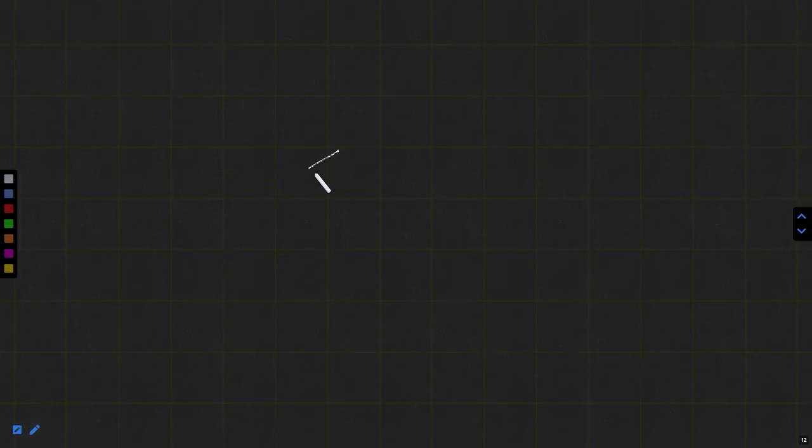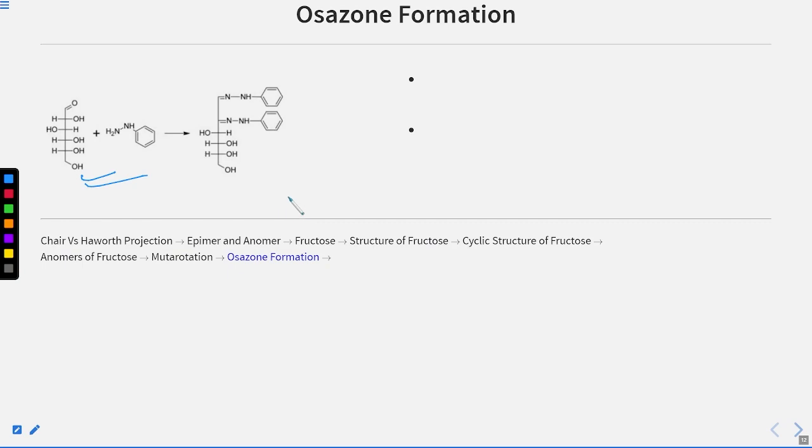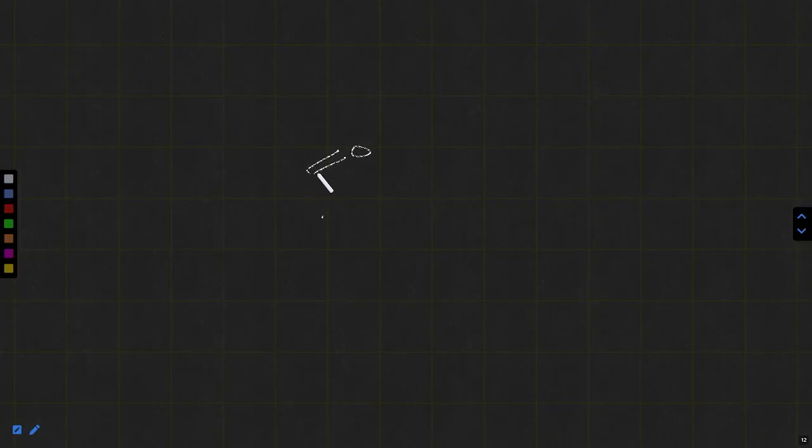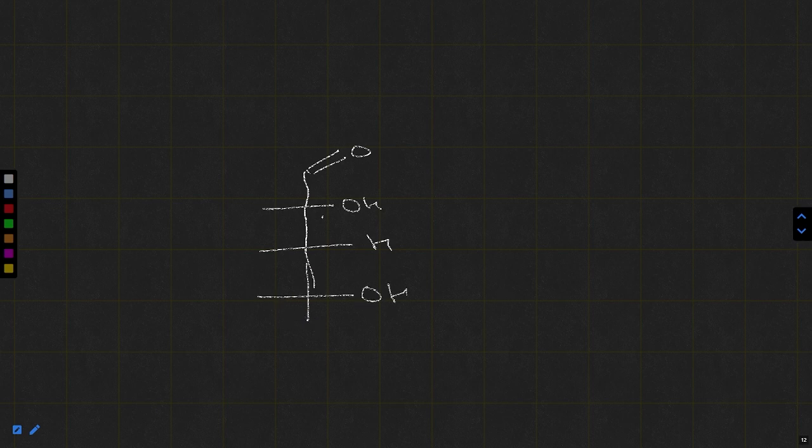So we have a carbonyl center here, with O, OH, OH, H, OH, CH2OH, H, H, OH and H. Now first of all, this is the carbonyl center.